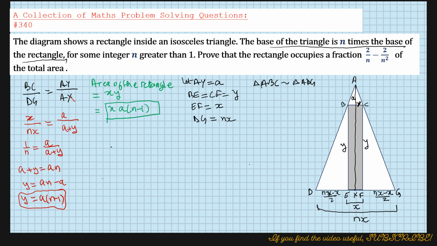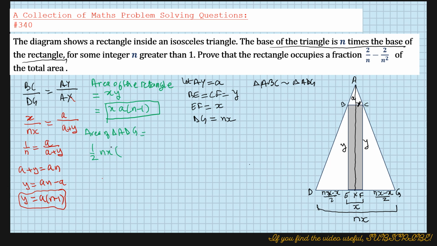Now what is the area of the triangle ADG? The area of triangle ADG would equal half times base times height. So half times base, which is nx, times height, which is a plus y.